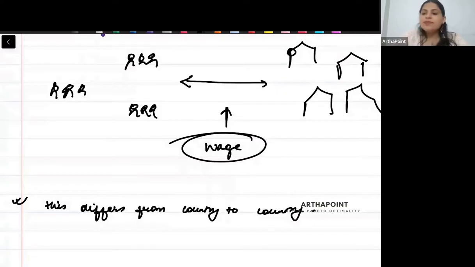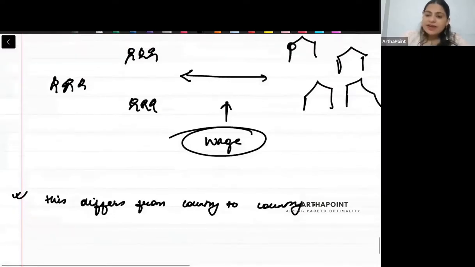Just for example, the job of distributing a newspaper, or the job of collecting money in McDonald's, right? These jobs are very different from the job of a CEO. The job of a CEO is very difficult, right? His skills will be very difficult. He has to do many degrees. He has to take a lot of experience before he can reach that level.